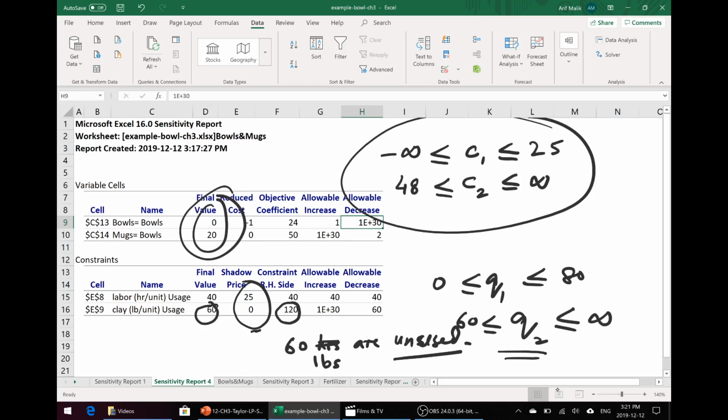Let's see, for example, Q2. It is telling us that the shadow price is 0. So if we keep increasing the right hand side from 120 to infinity, the shadow price will remain 0. Makes sense. And the shadow price of the other resource is 25, within the range from 0 to 80.